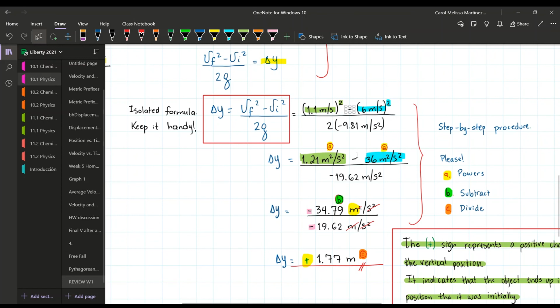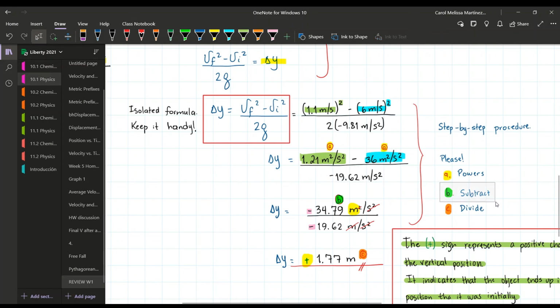Now this minus is from the formula, and then 6 meters per second raised to the second power gives you 36. But also remember to raise the units to the second power too. Now that you have solved the powers, also multiply what you have in the denominator. 2 times negative 9.81 gives you negative 19.62.